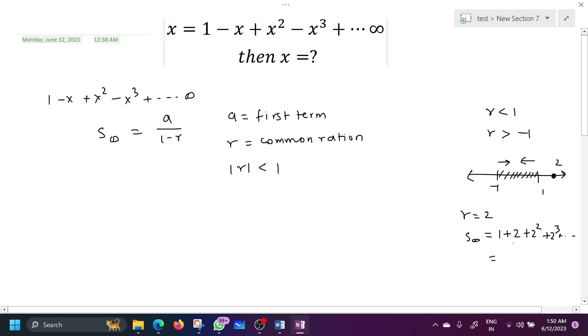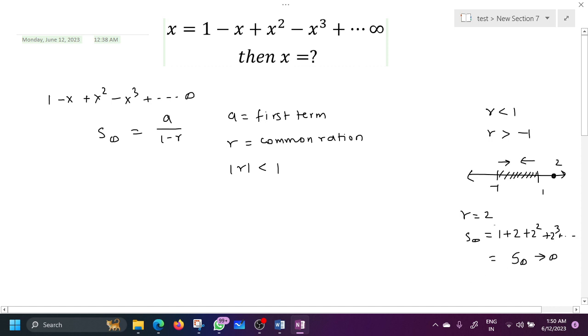This series will blow up to infinity. If you add more and more terms, every term is becoming greater than the previous term, so you will get a greater sum in the end. As you add infinite terms, the sum will approach infinity.